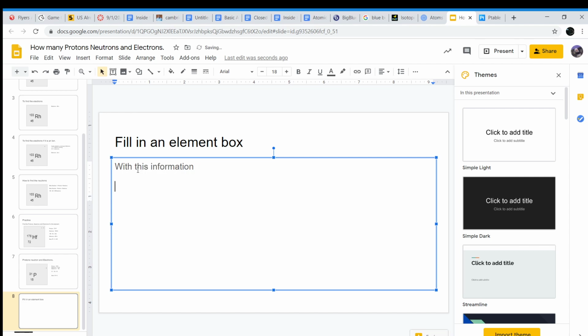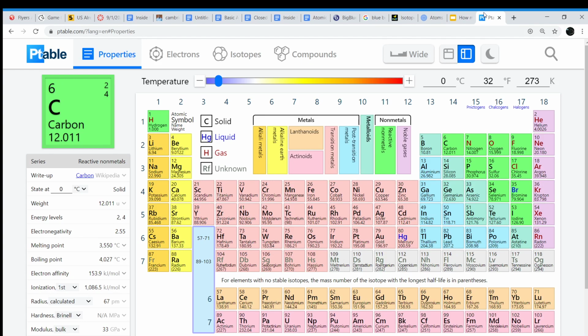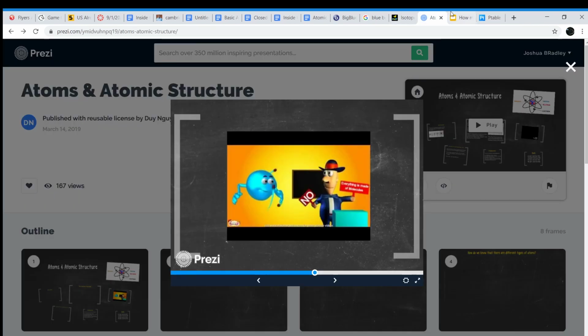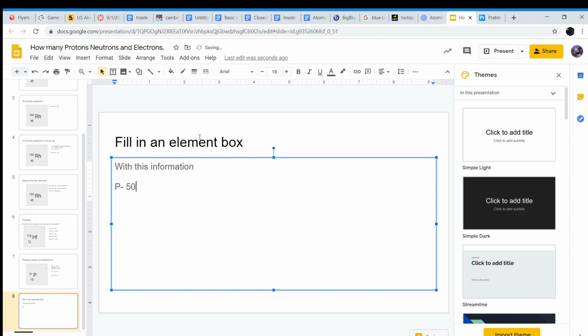Okay, so we're going to go ahead and say that we have protons, and I'm going to pick an element here. Going to say we have 50 protons, neutrons, we're going to go ahead and say that we have 68 of them, and electrons, we're going to go ahead and say that we have 48.